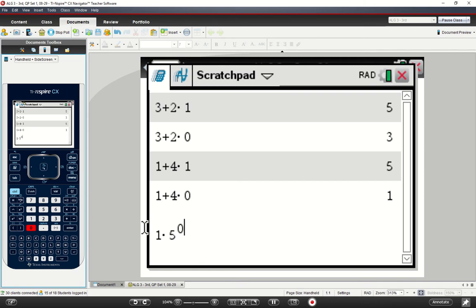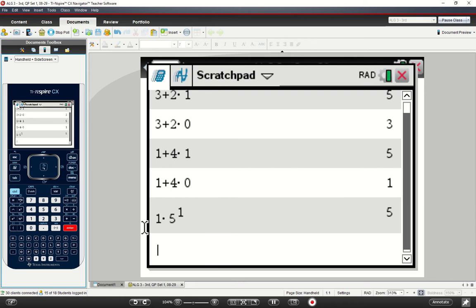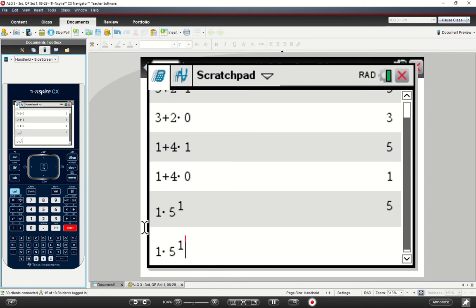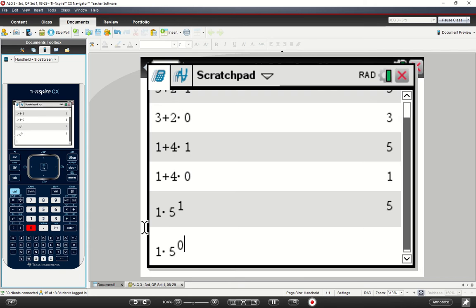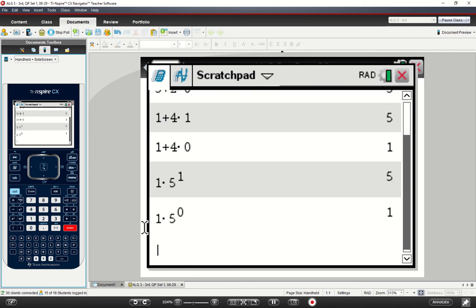You want to try 1? Okay, let's try 1. Is my first number 5? No. The first number is supposed to be 1, right? So let's try it again as a 0. There we go. So n has to be greater than or equal to 0.